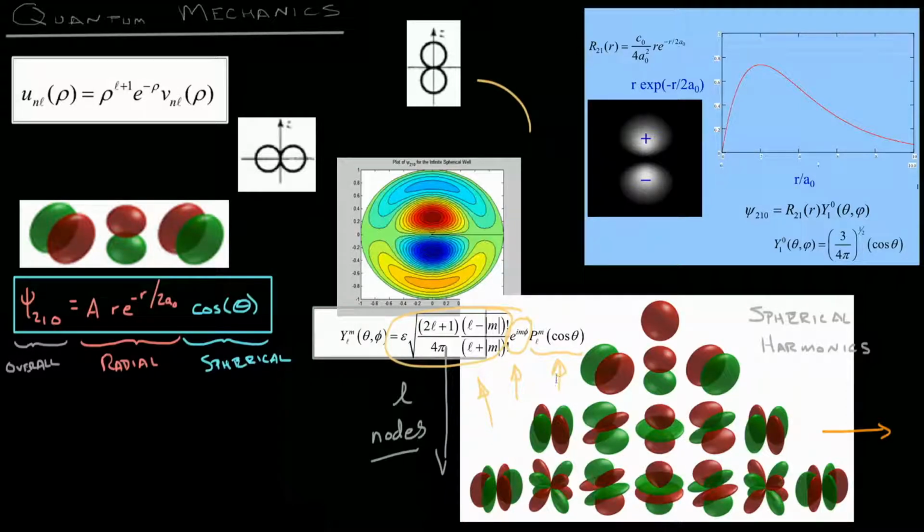What I found to be the best way to think about it is your L component. This is the big driver of nodes. Your L component indicates the total amount of energy going into spherical curvature. So more curvature is more nodes is more energy.